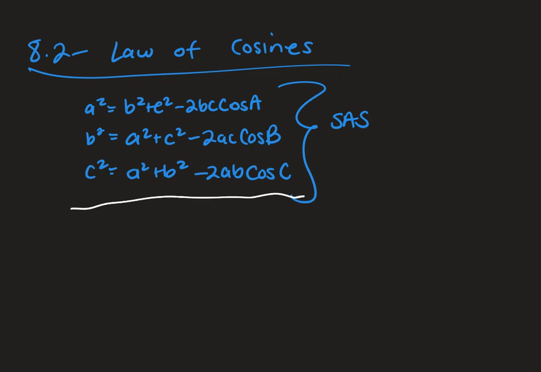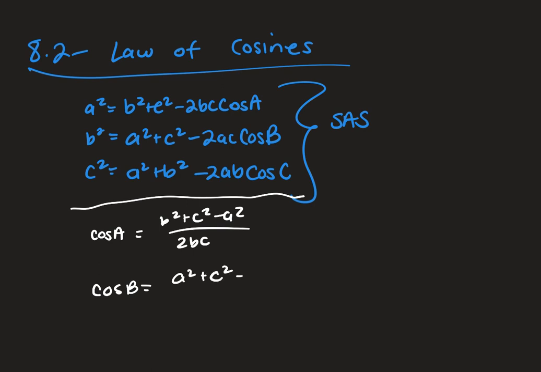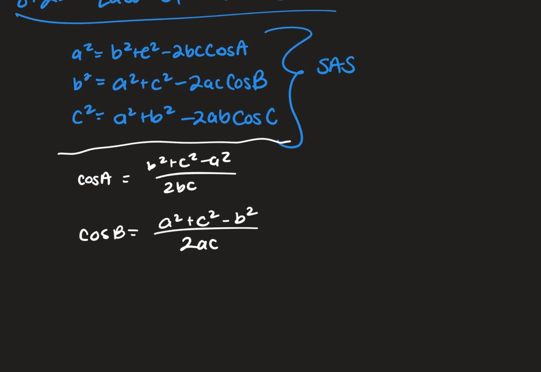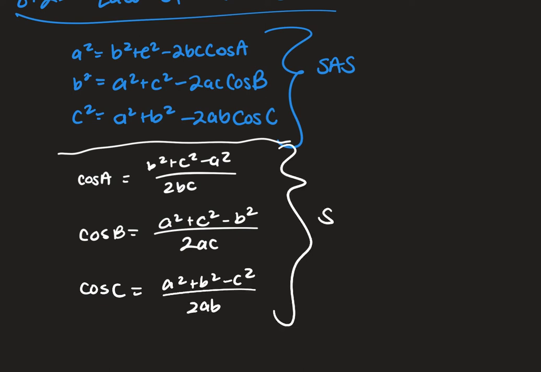And then the ones where you're given side, side, side: cosine of A equals b squared plus c squared minus a squared over 2bc. Cosine of B, a squared plus c squared minus b squared over 2ac. And cosine of C, a squared plus b squared minus c squared over 2ab. This is all for side, side, side.